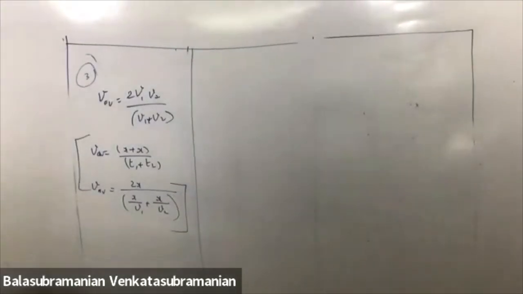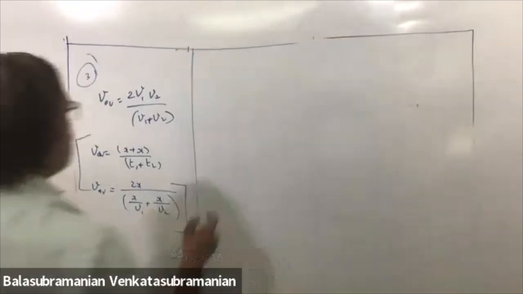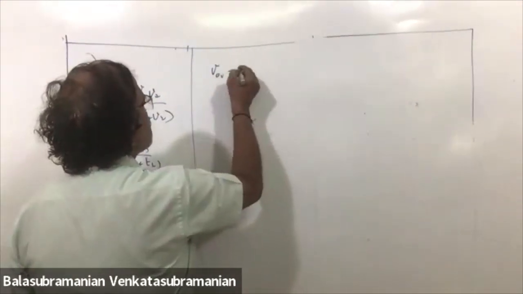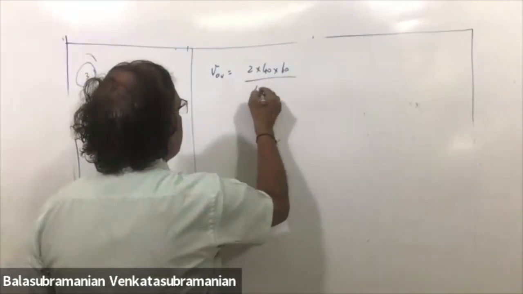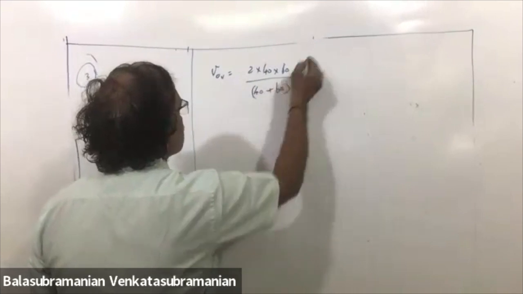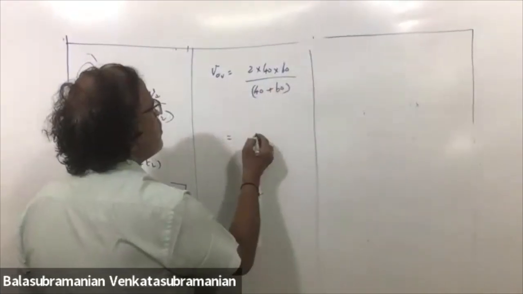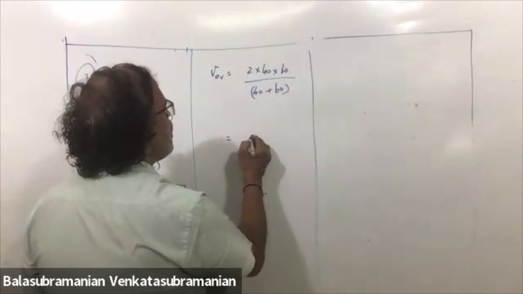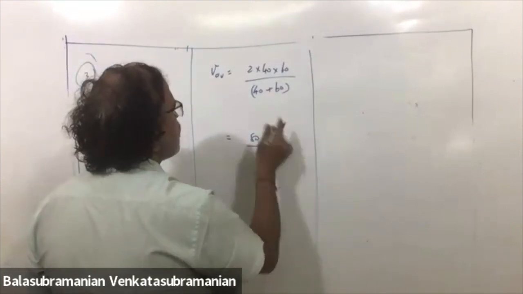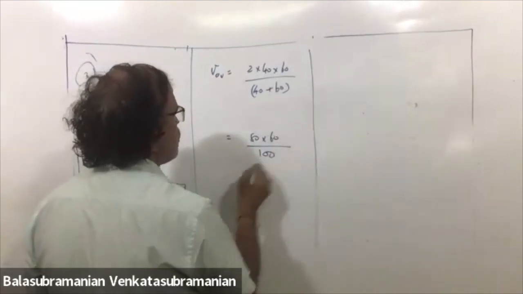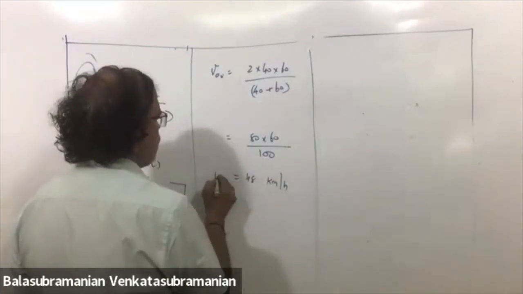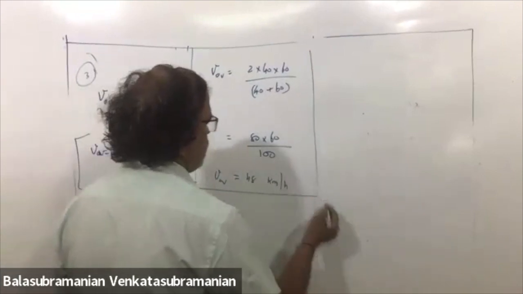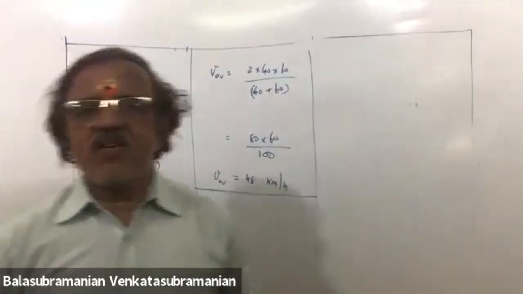What are the values? 40 km per hour and 60 km per hour. V average is 2 into 40 into 60 by 40 plus 60. 80 into 60 by 100. Two zeros cancel. 48 km per hour. That is the average velocity.